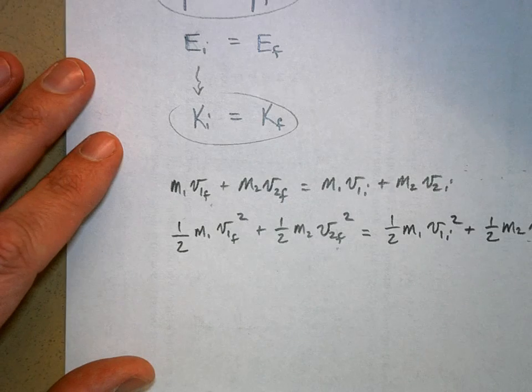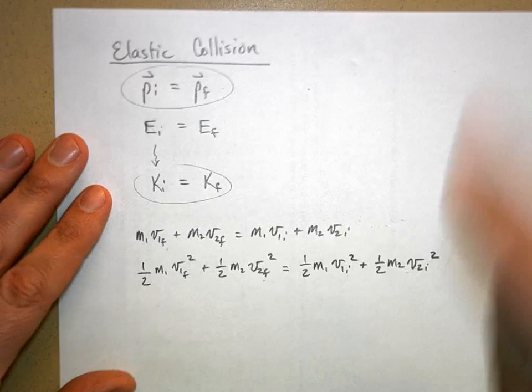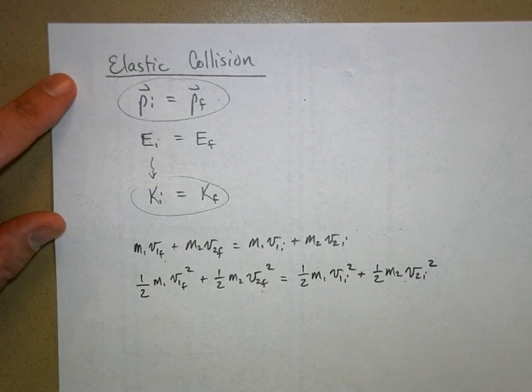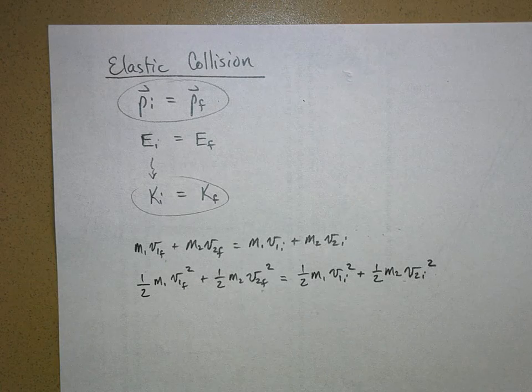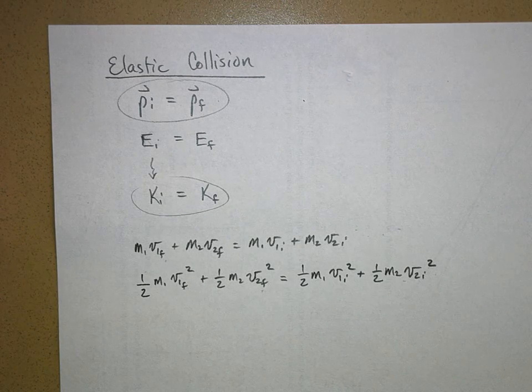Now, elastic collisions are not all that common at the macroscopic level. If I have cars with really good springs on them, it's a good approximation. But in reality, almost all collisions of big objects that we can see are not elastic.